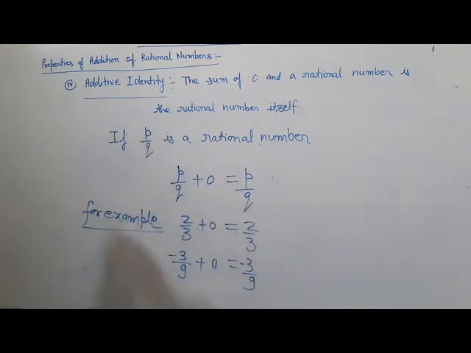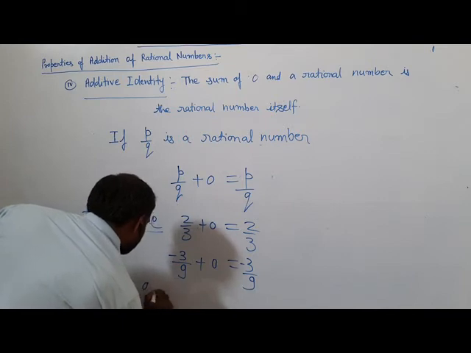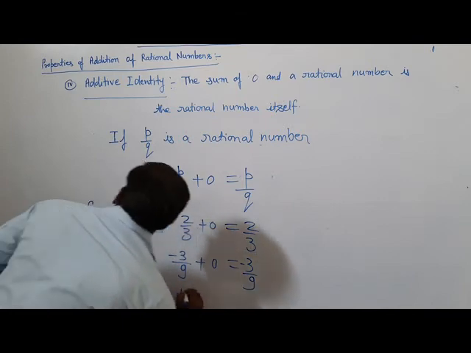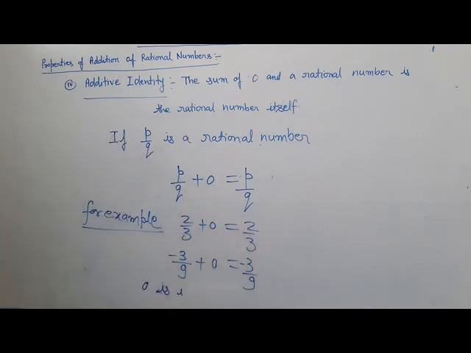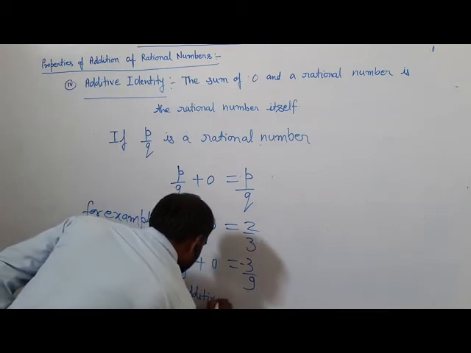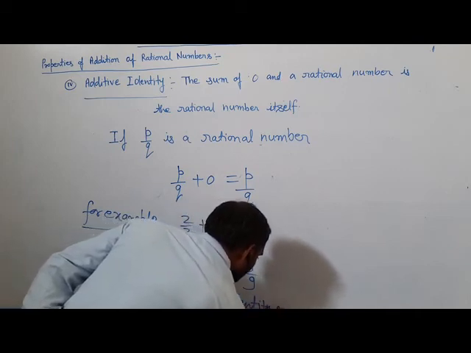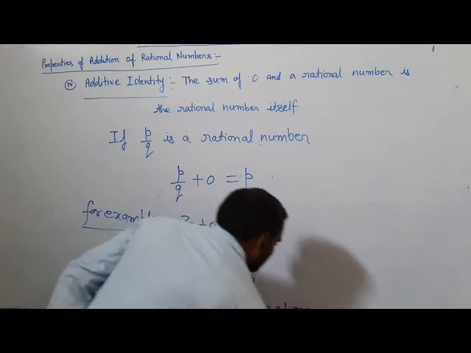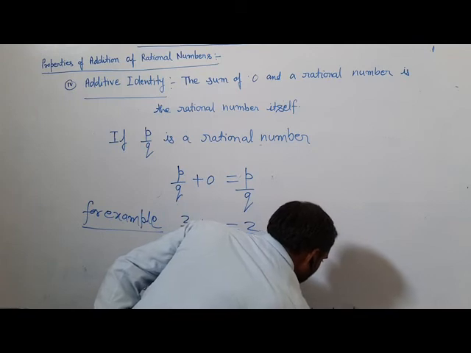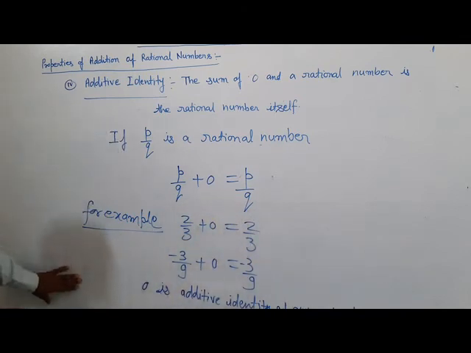So hence 0 is the additive identity of any rational number.